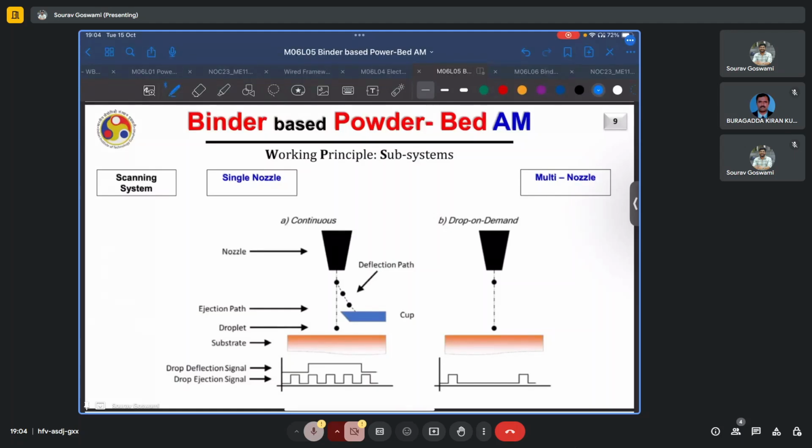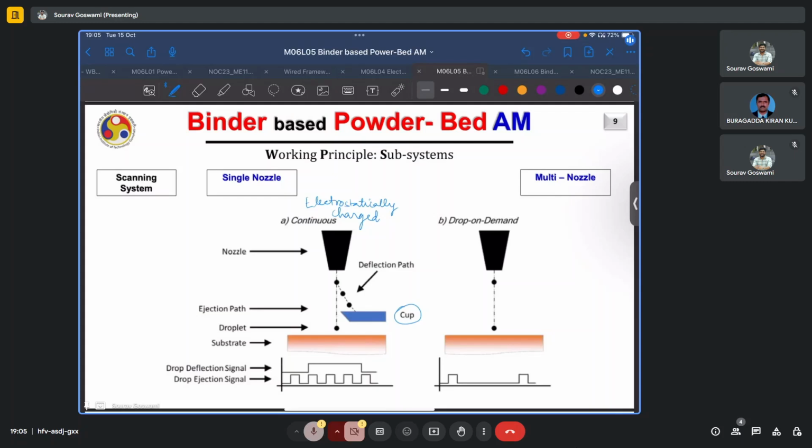In such cases, ways have been engineered, such as shown here. So here we have this cup, which is nothing but a reservoir for storing the ink. In such a case, the ink is previously electrostatically charged, so it can be given a suitable negative or positive charge.